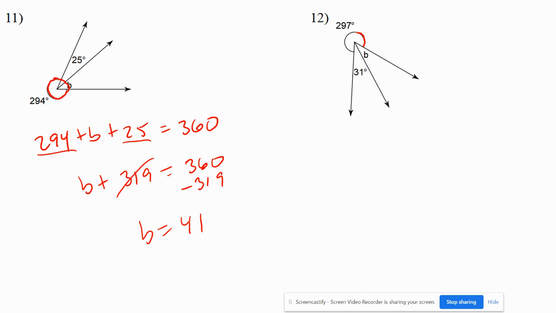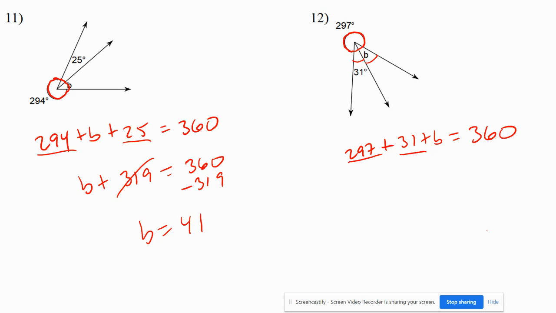To begin with, I have 297. I'm going to be adding 31, and I'm going to be adding angle B. I added those 3 angles, and it happens to make the whole circle, right? The whole circle is 360. Now, the left side, I can easily combine 297 plus 31.